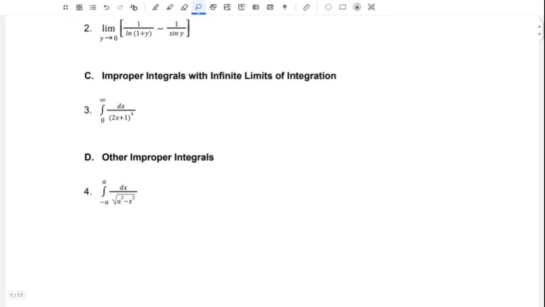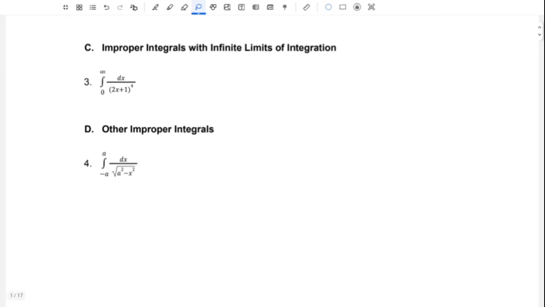For our third topic, we have the improper integrals with infinite limits of integration. This improper integral has an infinite upper limit, so we will approach it by changing variables and evaluating a limit of a definite integral. And for our fourth and last topic, we have other improper integrals.